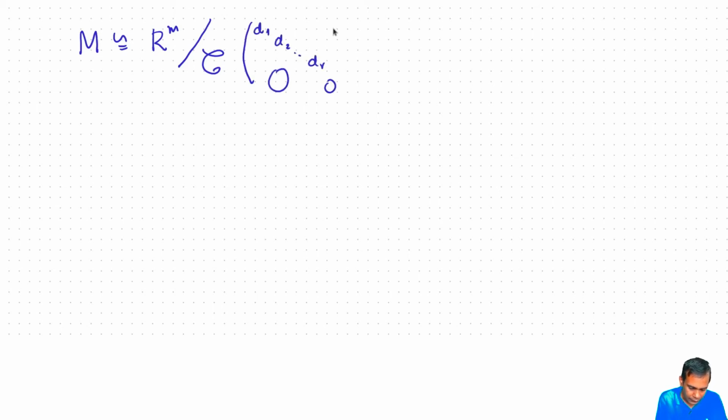So now suppose we have that M is isomorphic to, let's say, R^m mod the column space of d1, d2, ..., dr, and at the same time it is also isomorphic to R^k mod the column space of e1, e2, ..., es.